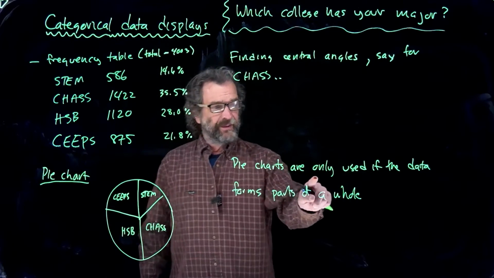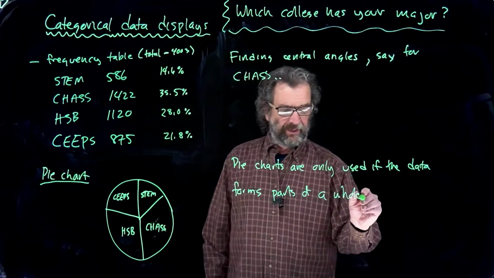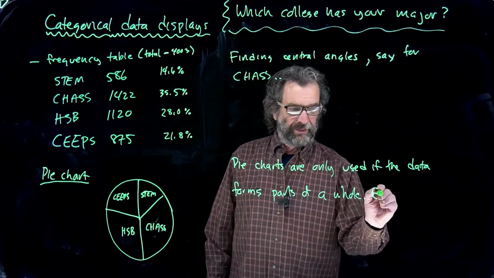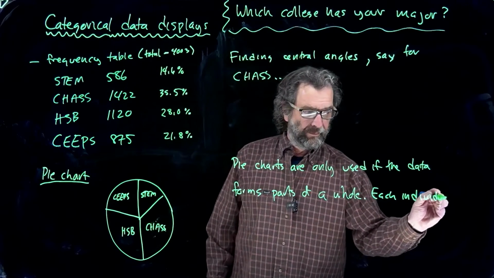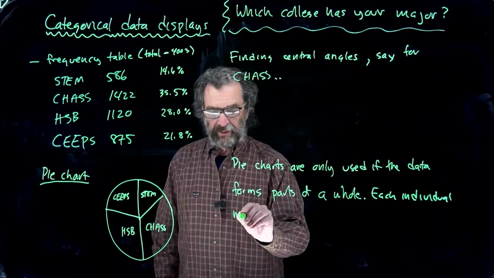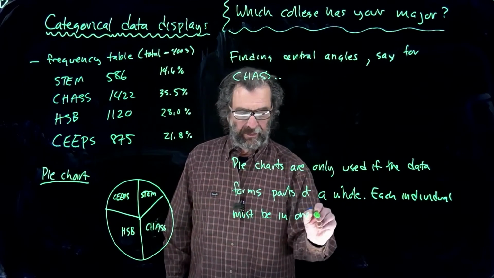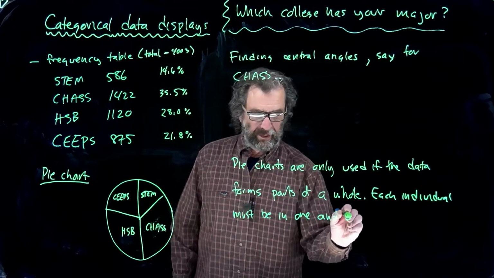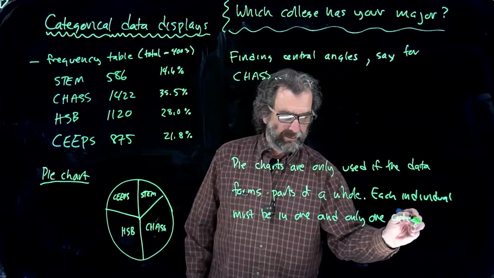Pie charts are only used if the data forms parts of a whole. So what does that mean? Each individual must be in one and only one category.